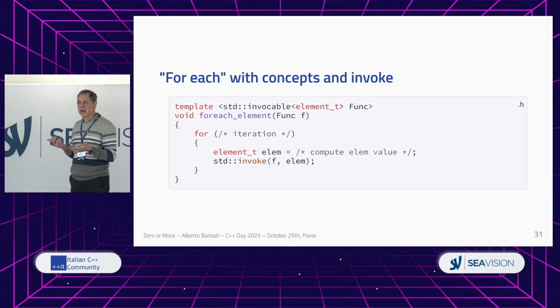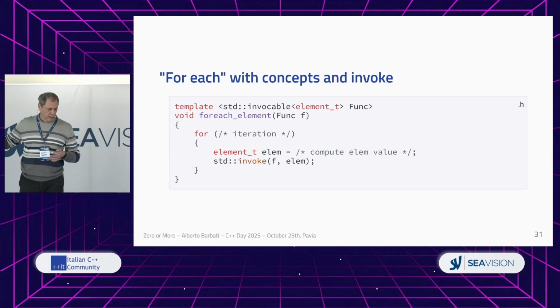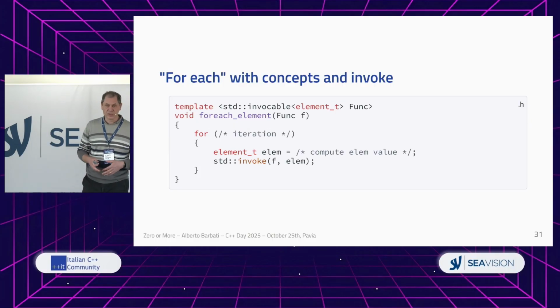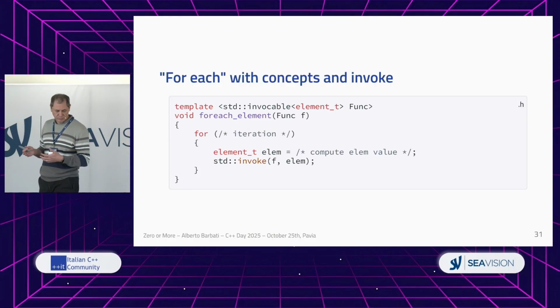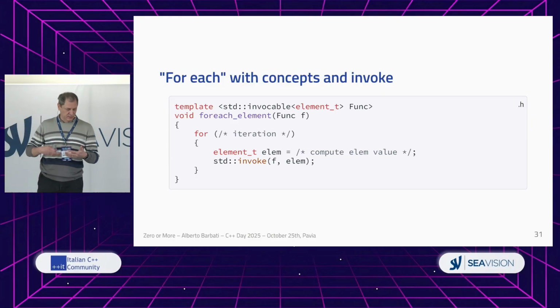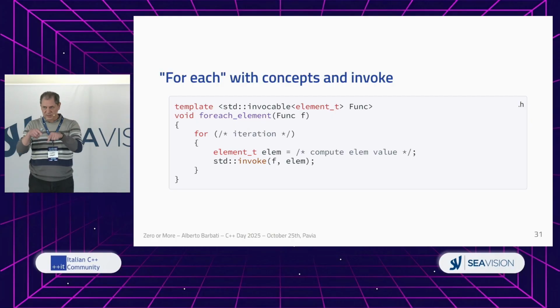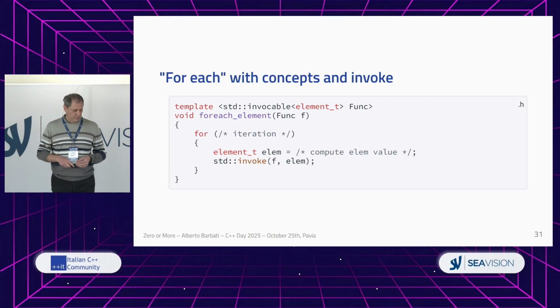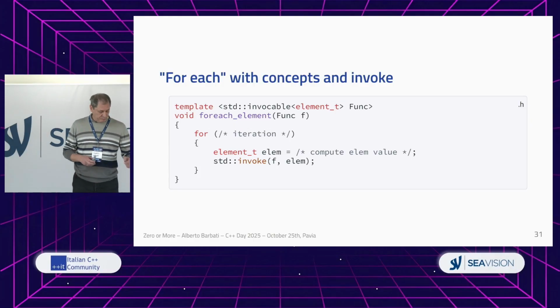Member to function pointers are not usually callable, but with std invoke and invocable you can use this function also with member to function pointers. So if your element t has a method, a member function that you use to process that element, you can just pass the pointer to member function.